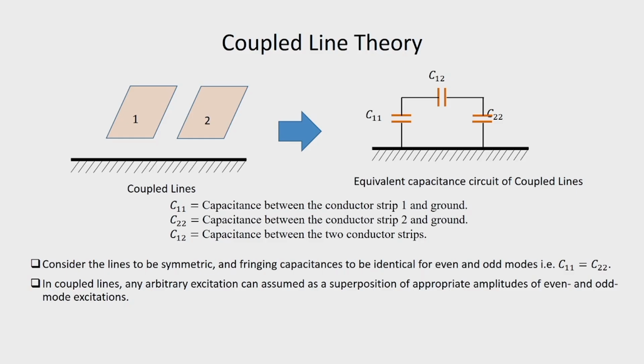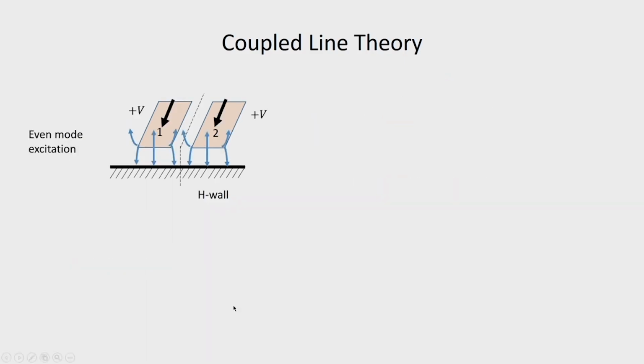That means, if we have any arbitrary excitation, we express it as superposition of even mode, that is, when both the conductors are at the same potential, and odd mode, when the magnitude of the potential of both the conductors are same, but the sign is different.